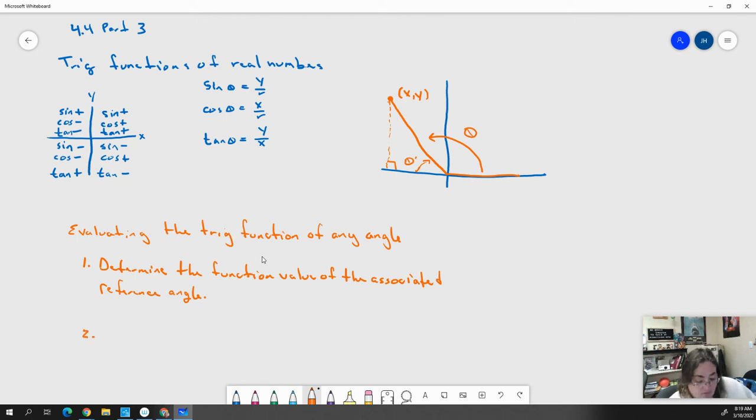Second, depending on the quadrant in which it lies, we want to determine the sign.